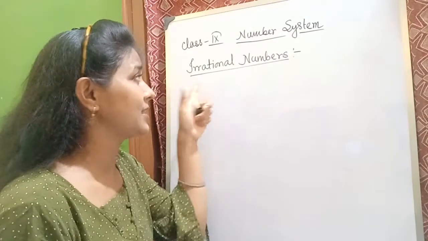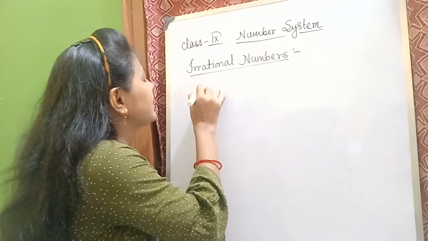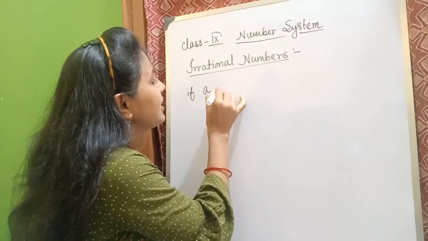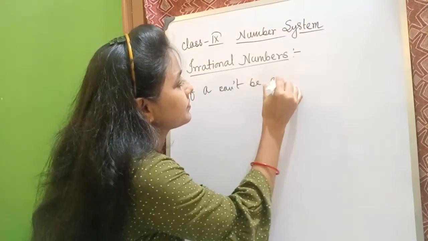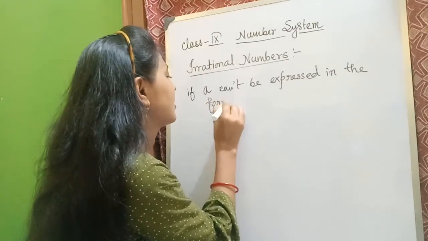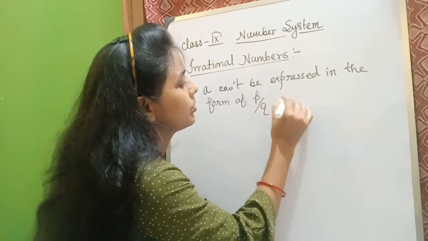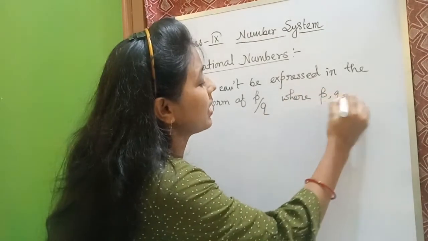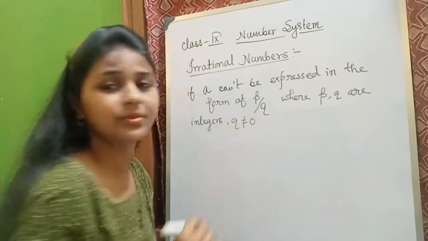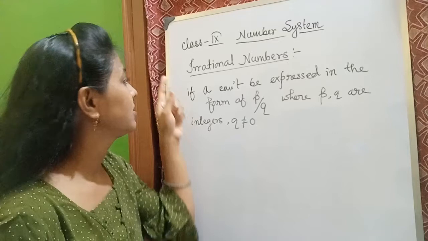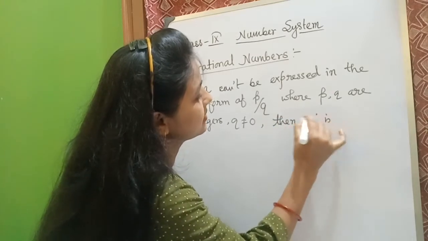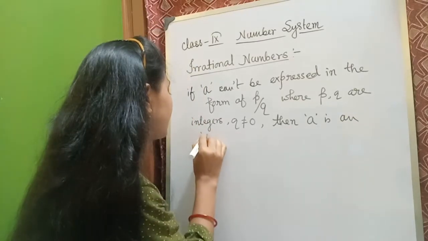So we can say from this word itself that a number, suppose the number is A, if A can't be expressed in the form of p by q, where p, q are integers, q not equal to 0, then A is called an irrational number.